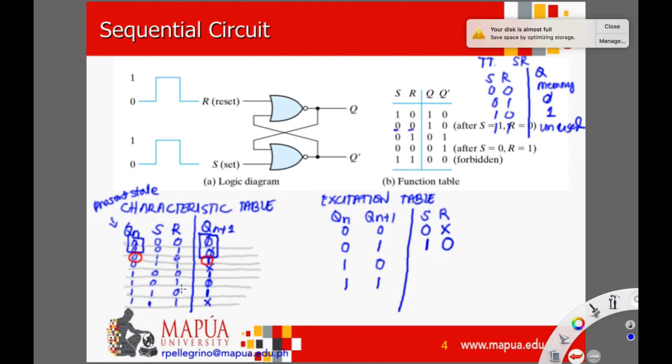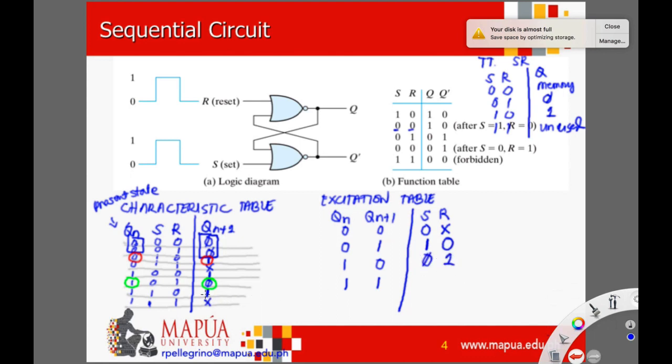How about if we have 1, 0? Present state is 1 and next state is 0. What is that given? We have S equal to 0 and R equal to 1.